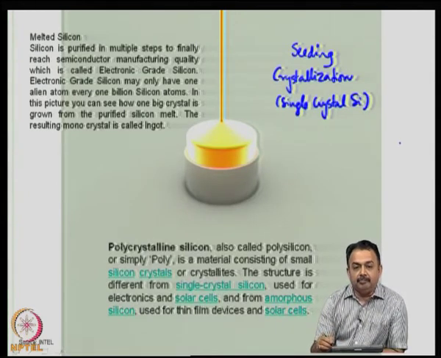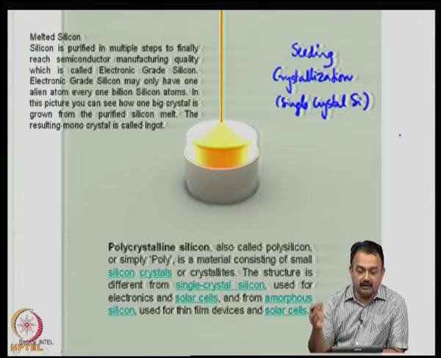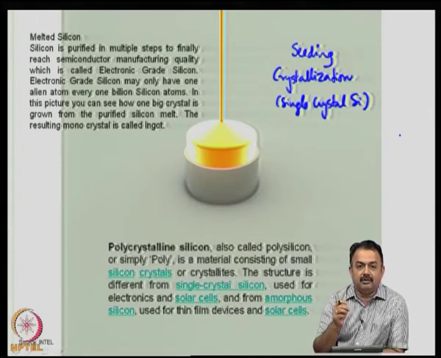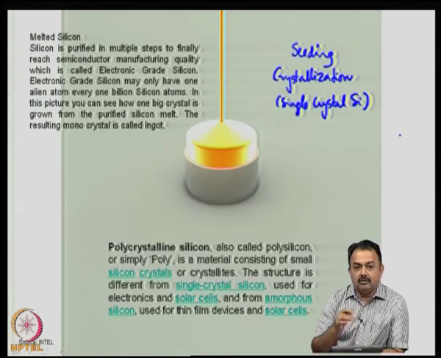So, the electronic grade material, after it has been recrystallized a number of times from a lower grade until it has reached 99.999999999, eleven nines purity, you try to melt it, then introduce a very pure seed crystal of silicon, of equivalent percentage purity, then allow it to cool slowly.